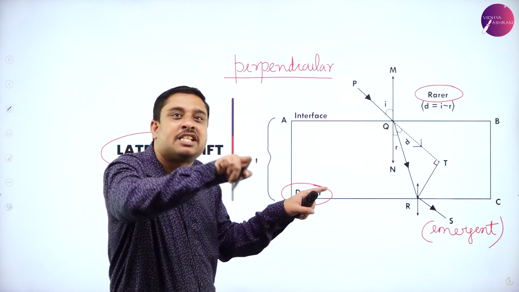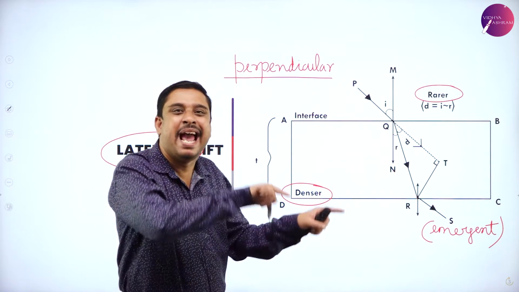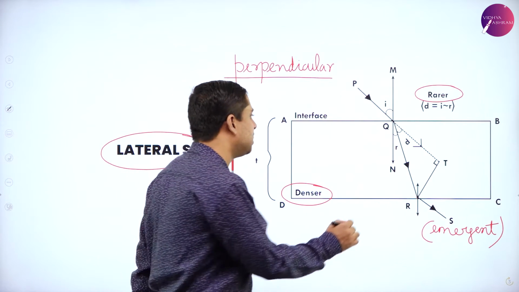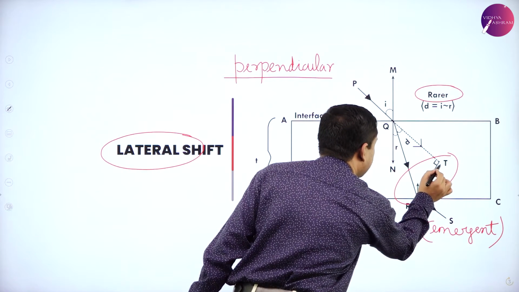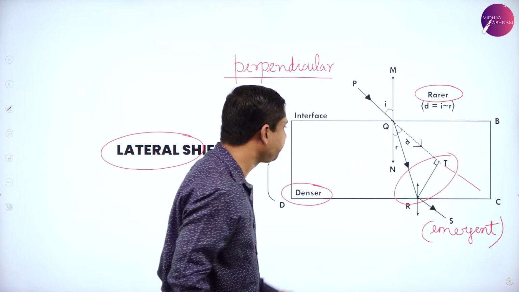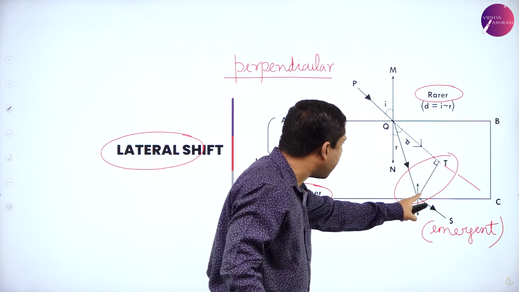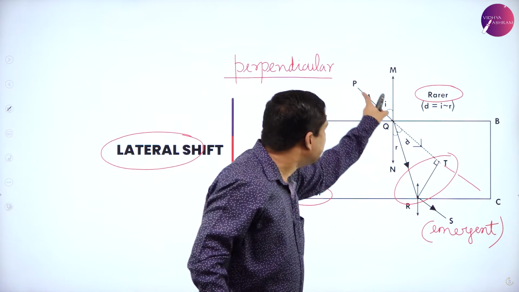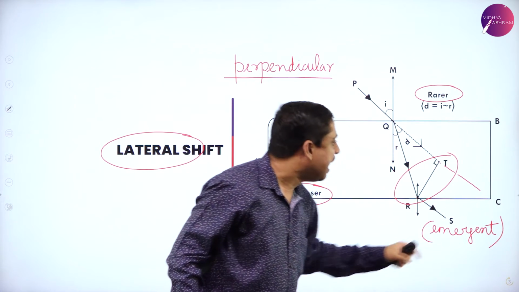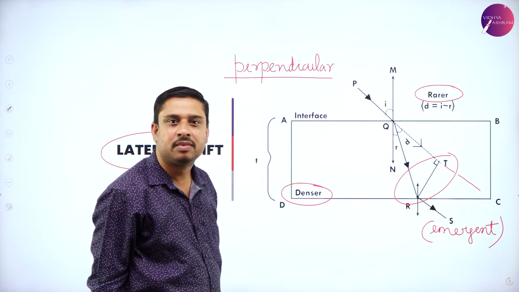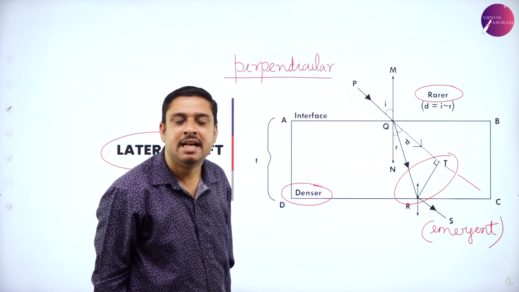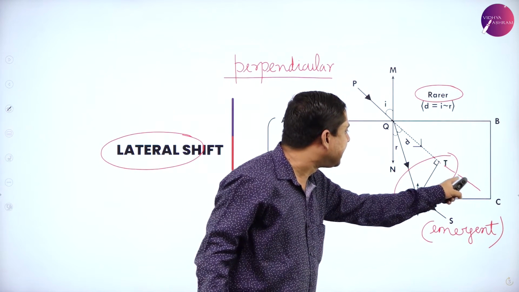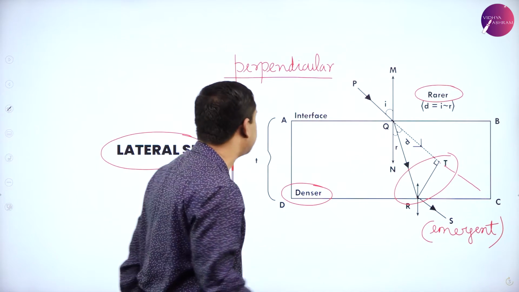It is emerging out of the glass slab. Observe, my dear students, there is a perpendicular distance between the incident ray and the emergent ray.